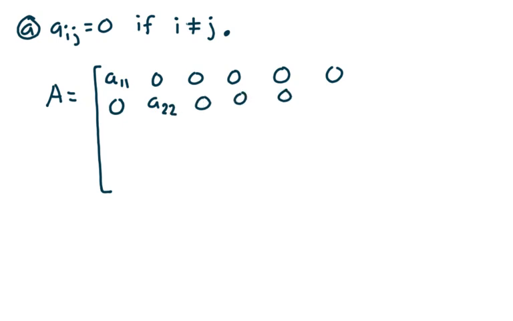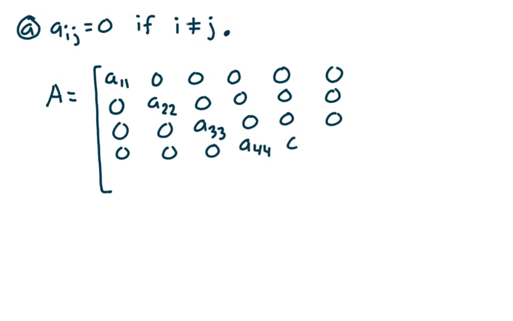Then 0, 0, 0, 0. And then I'm going to go 0, 0, A33, 0, 0, 0. This is what they mean by make it general. Then I go 0, 0, 0, A44, 0, 0.